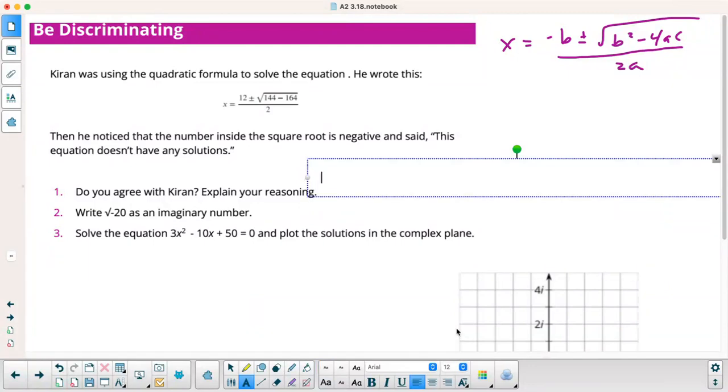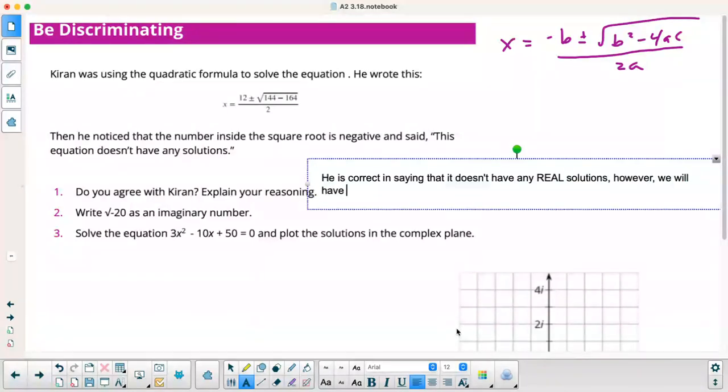I would say he is correct in saying that it doesn't have any real solutions. However, we will have non-real solutions, which we know are called complex, because we can simplify the radical in terms of i.